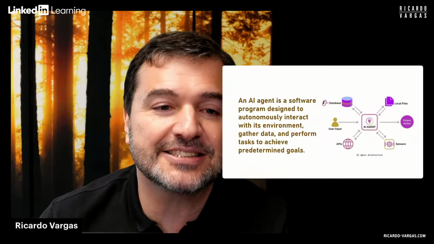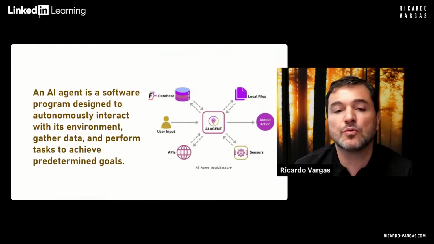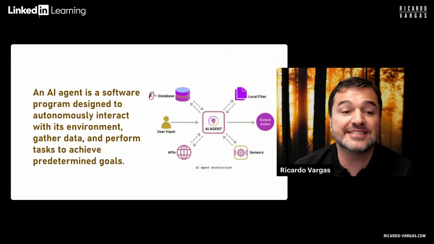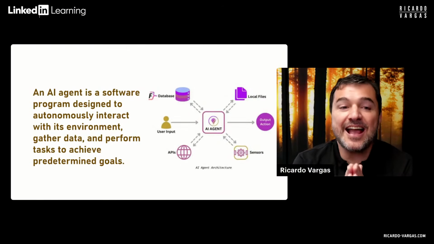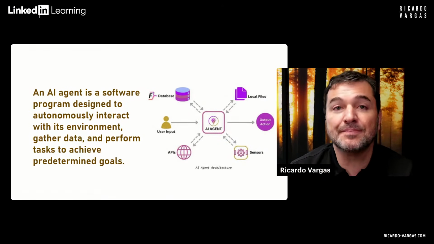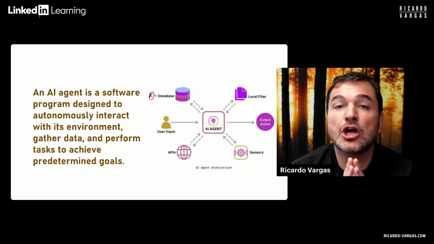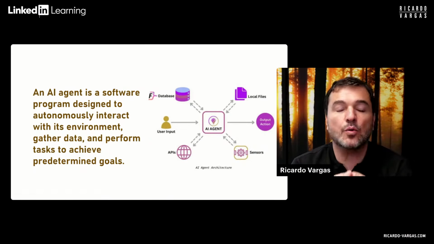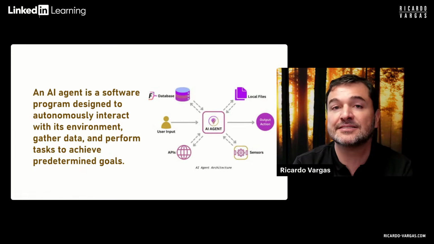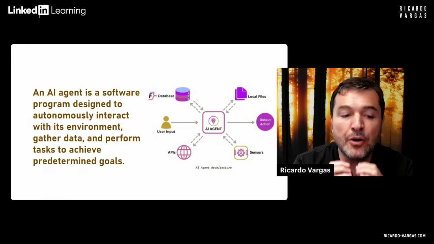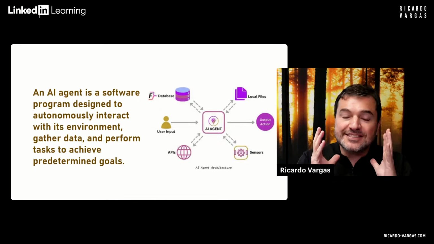The best explanation for me about what an AI agent is, is this: an AI agent is a software program that is designed to autonomously interact with its environment, gather data, and perform tasks to achieve predefined goals. So what is an agent?